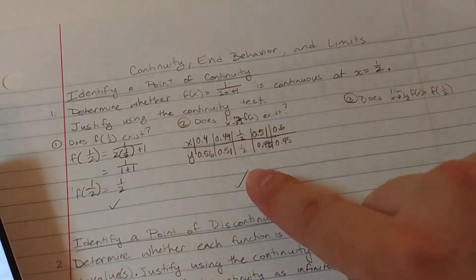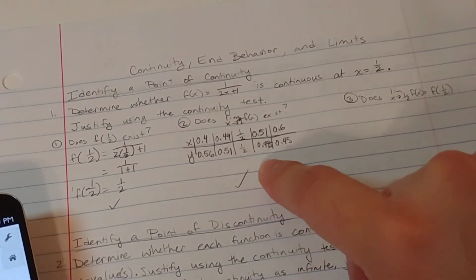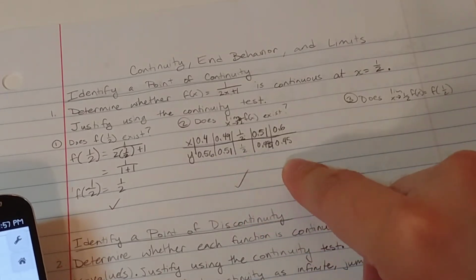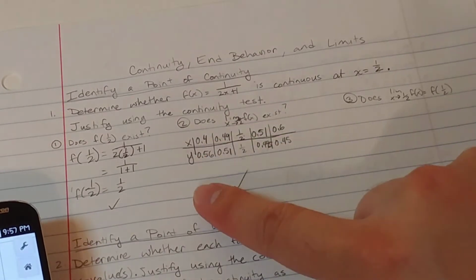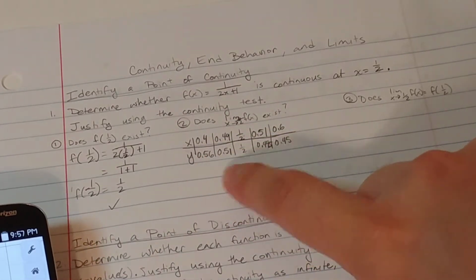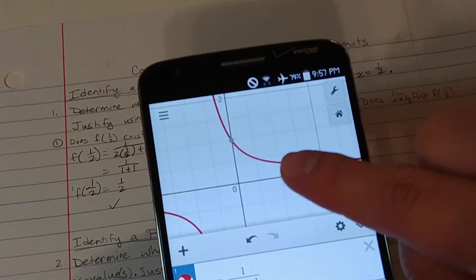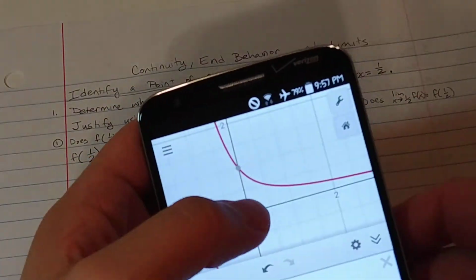So because it looks like it's continuous here, it's a nice, smooth graph, goes from bigger to smaller. You could go from smaller to bigger, just as long as it's continuous and doesn't make any jumps. Here, the graph looks like it is continuous at 1/2 as well.